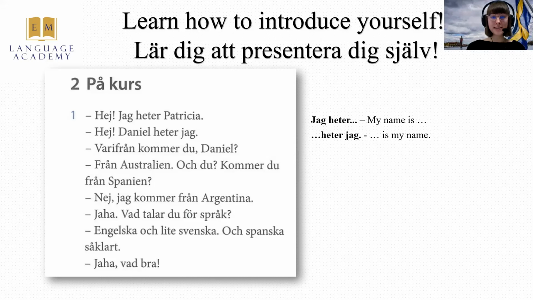Purely due to stylistic reasons. In this case, Daniel wants to accentuate that it is exactly Daniel that is his name and not something else, right? So, 2 ways of saying what your name is. Jag heter Gabriele, or, Gabriele heter jag.